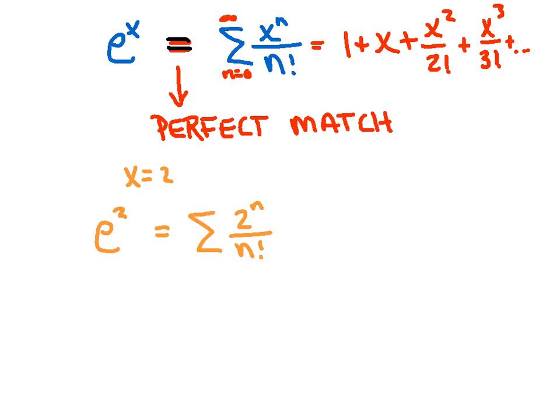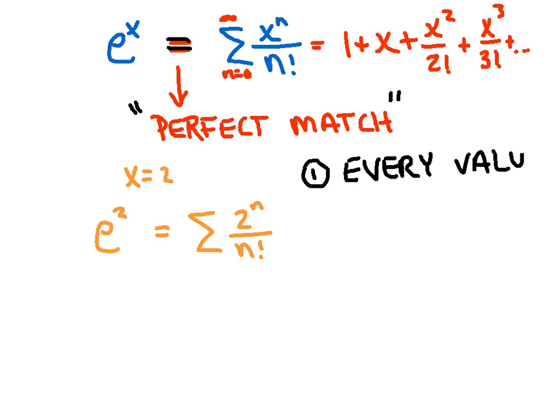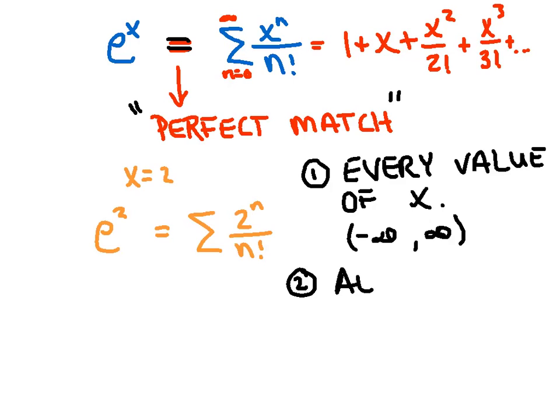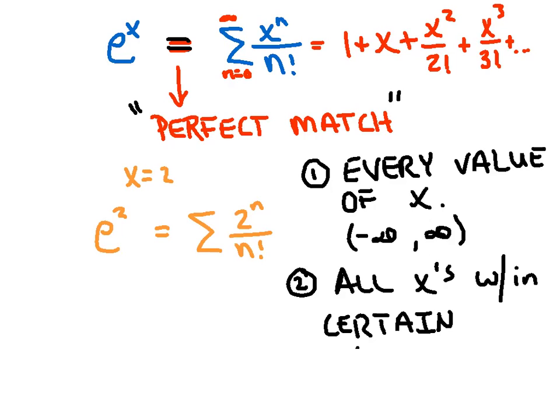So we're going to focus on 3 specific outcomes. Number one, you're going to have some power series that converge, and when I say converge, I want you to continuously think of this idea, perfect match. Will the power series converge for every value of x? That's like saying we have a domain of negative infinity all the way to positive infinity. The second possible outcome is, not quite every value of x, but most values of x. We'll say all x's within a certain interval.